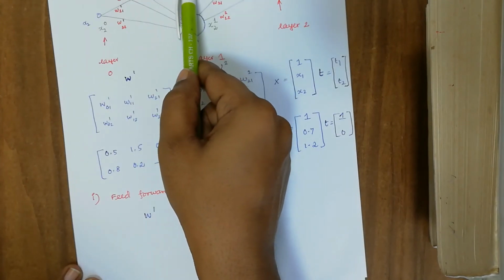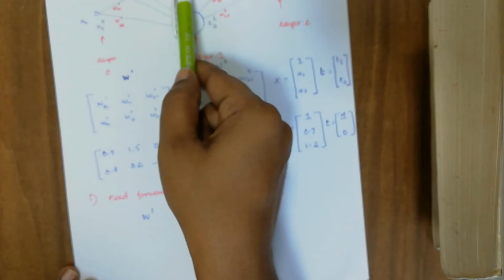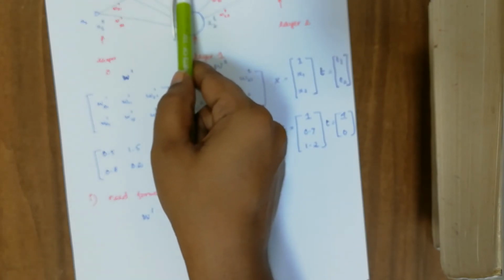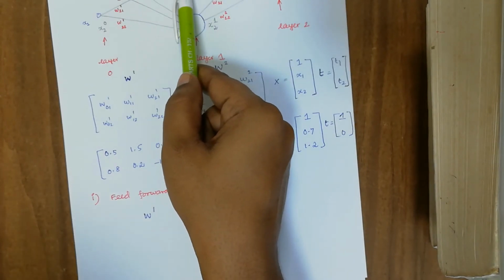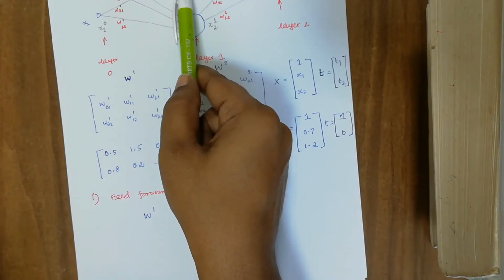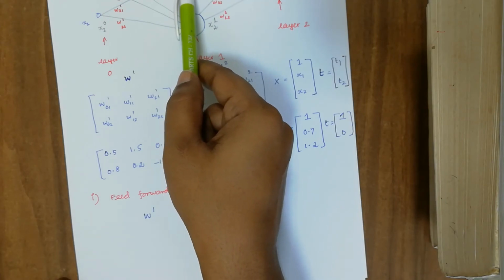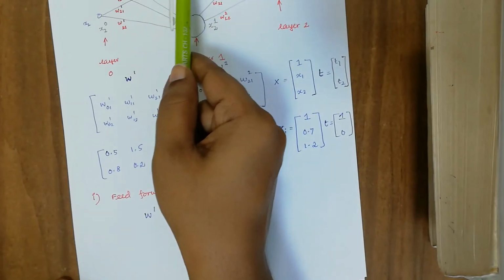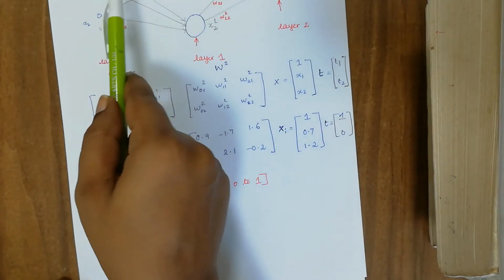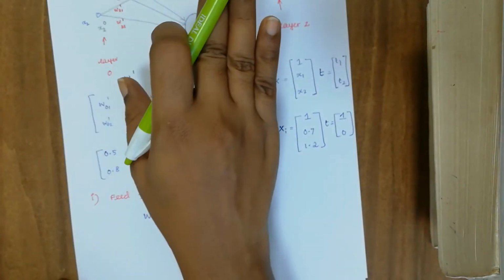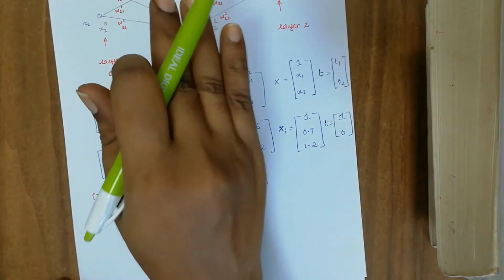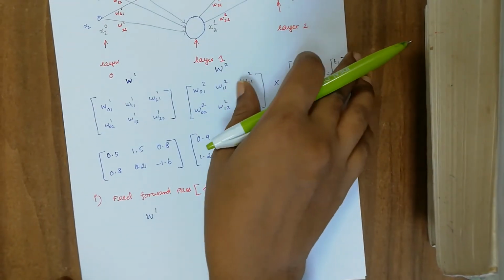After taking the summation, we have to apply a nonlinear function. The type of nonlinear function that we take here is the sigmoidal function, because the sigmoidal function is differentiable. Since it has a derivative, we can apply this nonlinear function. It simply maps the actual input into an intermediate space, and in the intermediate space all these values become linearly separable. So that's the idea.